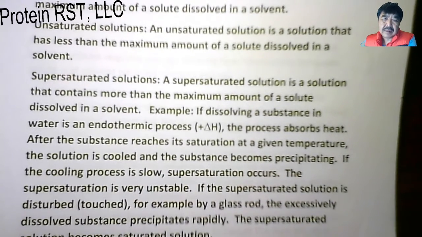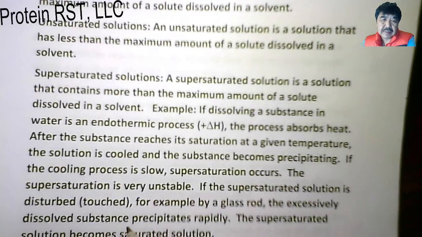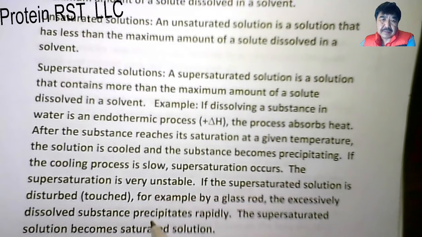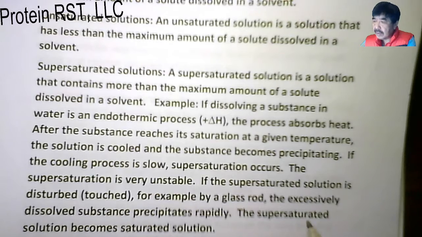If the supersaturated solution is disturbed, for example, touched by a glass rod, the excessively dissolved substance precipitates rapidly. The supersaturated solution becomes a saturated solution.